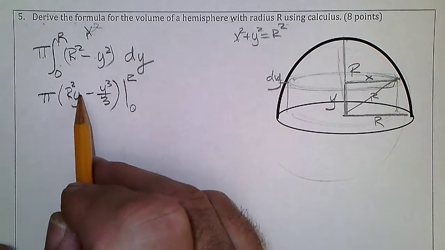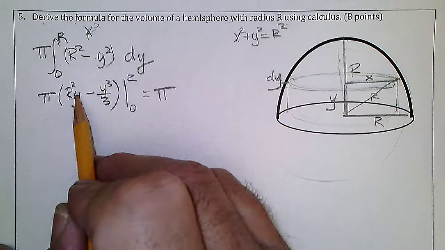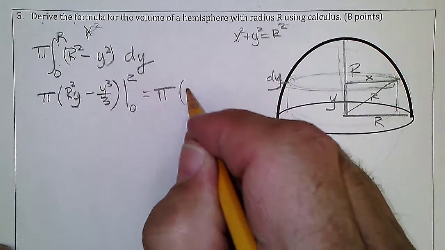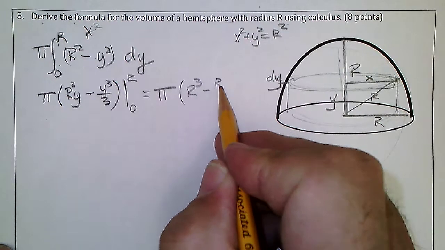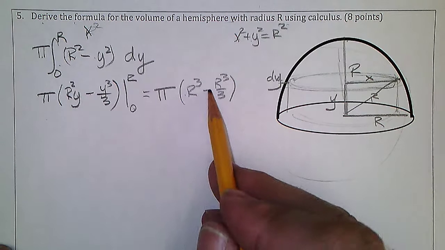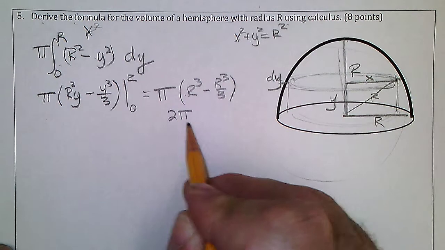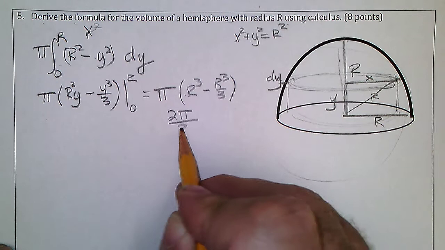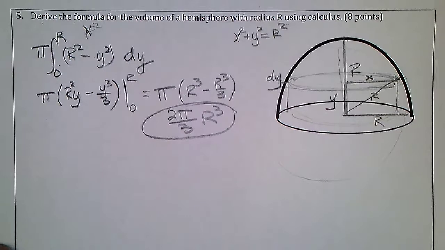I put r in here, and I get pi times r cubed minus r cubed over 3. So 3/3 minus 1/3 of r cubed is 2/3. 2 pi over 3 r cubed. And that's the correct formula for a hemisphere.